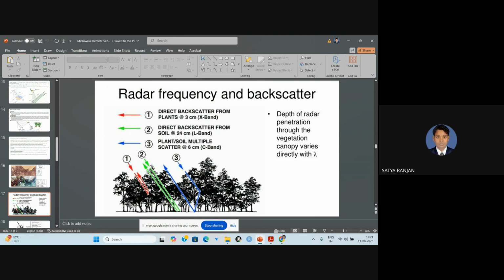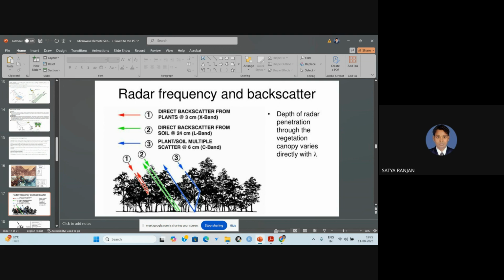And second, there is the green wavelength, that is the L band, which is 24 centimeters. So it can penetrate through the canopy cover and just touch the ground. So it can detect the height information and other information. And the blue band, that is the C band, has a 6 centimeter wavelength. So it is also penetrating through the surface of the canopy cover of the trees.